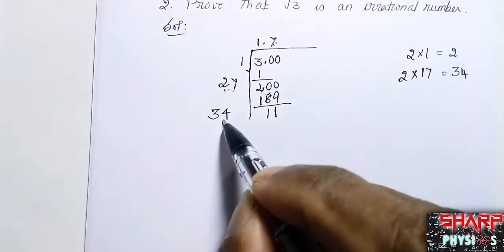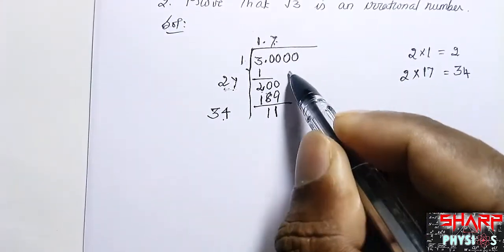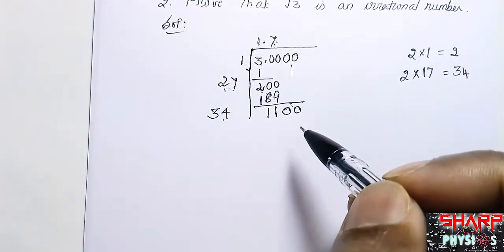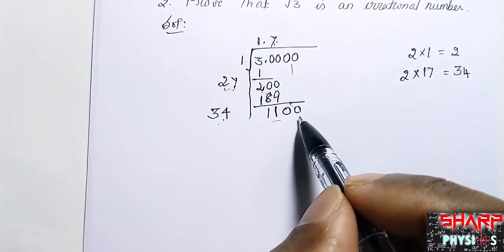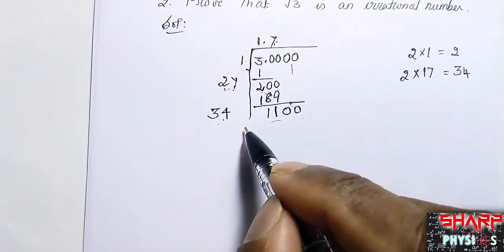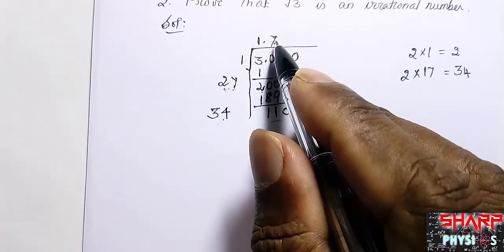Now 11 is very much less than 34. So you are introducing 2 more zeros here. You have to bring these 2 zeros here. So 34 is very much less than 11,100. So what you have to do is find the nearest number between 1 to 9.